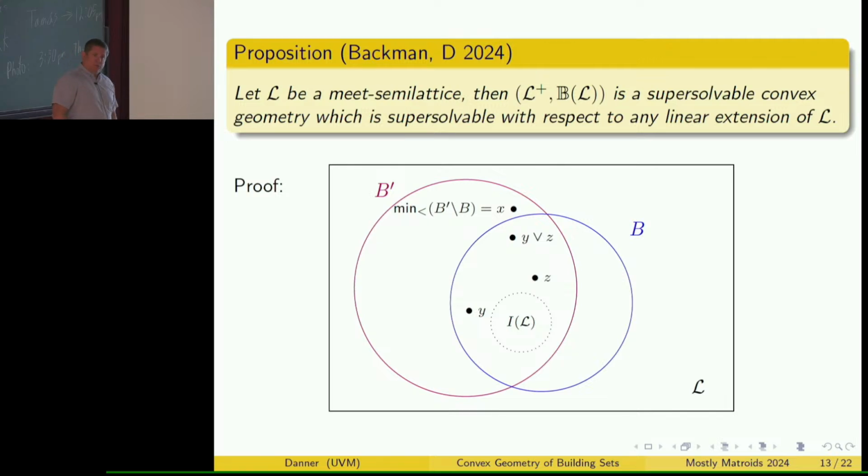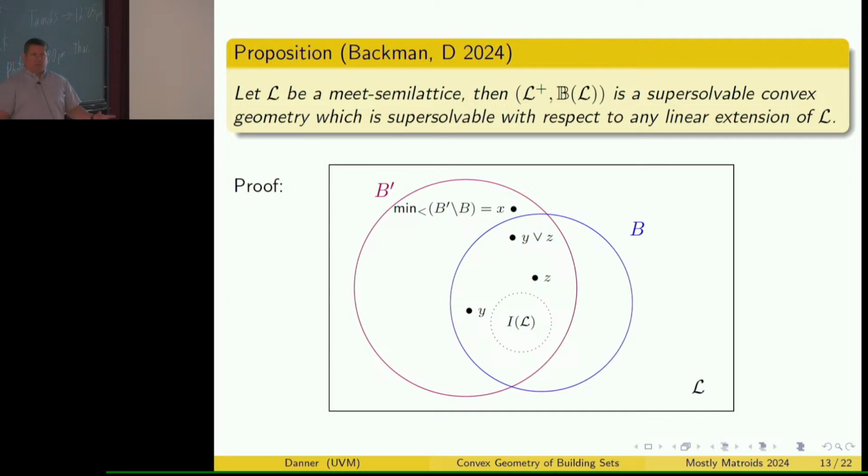Here's a proof by picture, essentially. So if you take X here, it's the smallest thing that's in B prime. So for building sets, I stopped using A and B, we're using B prime and B. Take the smallest thing that's in B prime that's not in B, and we want to see that we can remove X from B prime and that we're a building set again.